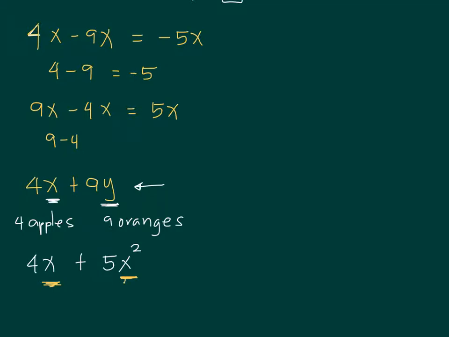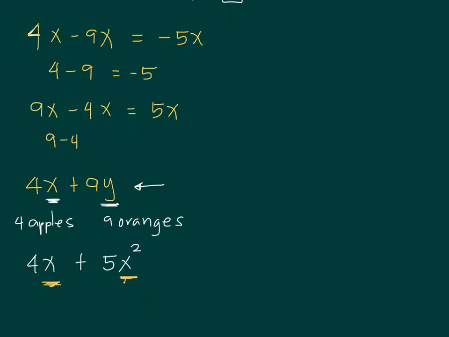Similar terms should have exactly the same variable. If it's x, it should be x. If it's x squared, the other should be x squared as well. Okay, so those are some of the things that you need to note in adding or subtracting algebraic expressions.